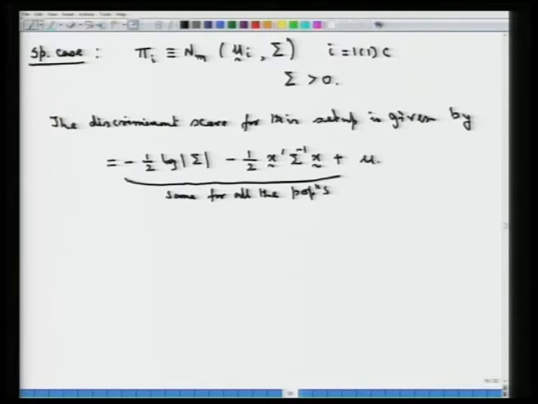The terms that are going to be different involve mu I transpose sigma inverse x.